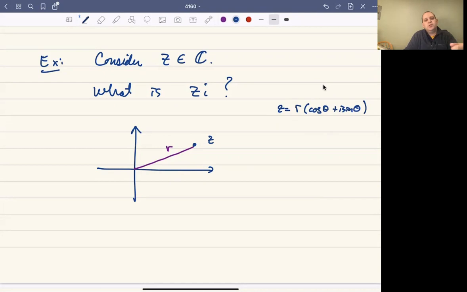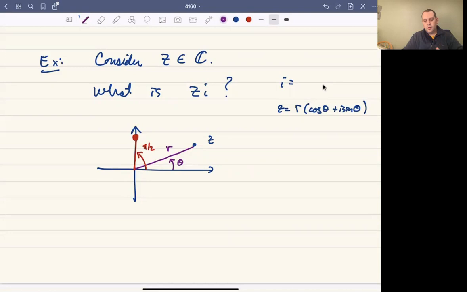When you multiply two numbers, you could think of i as this number up here. It's a distance 1 from the origin, and the argument of i is pi over 2, or 90 degrees. The argument for z would just be theta.